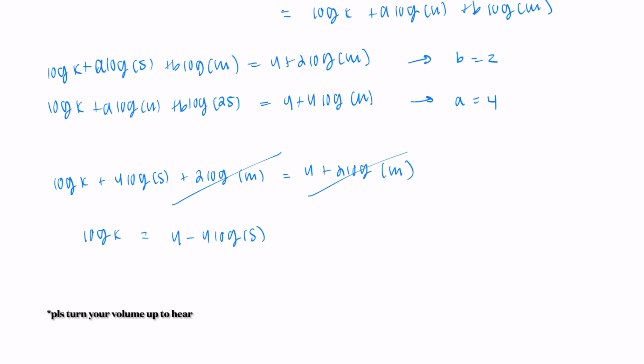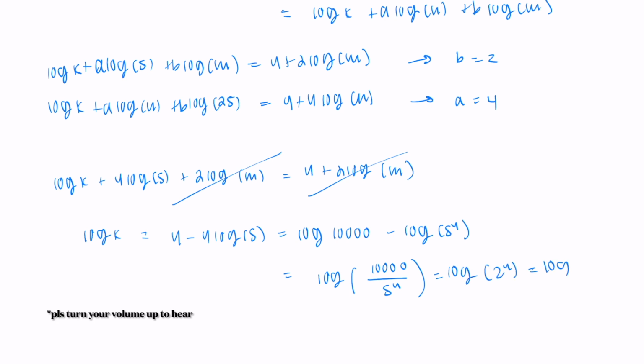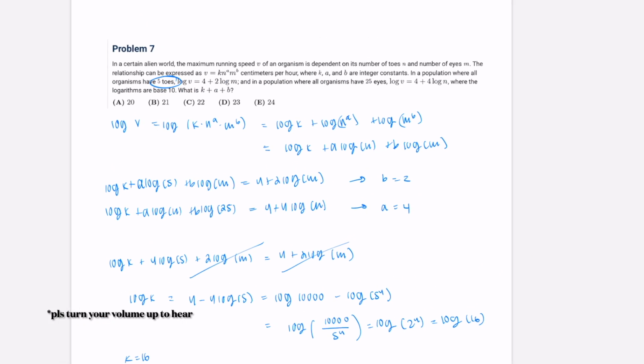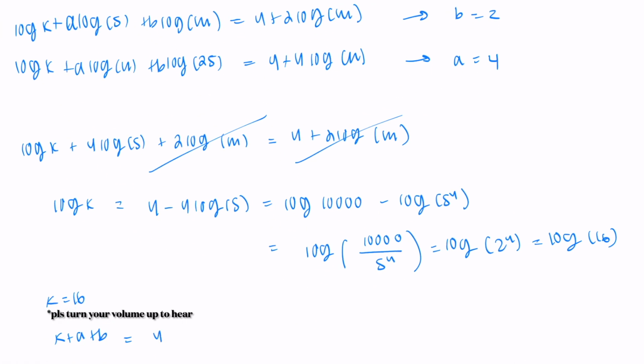If we express the right side only in terms of logs, and remember the log is base 10, then we get log 10,000 minus log of 5 to the 4, which equals log of 10,000 over 5 to the power of 4, which equals log of 2 to the power of 4, or log 16. So that means that k equals 16, and the problem asks for k plus a plus b, which equals 16 plus 4 plus 2, which equals 22.